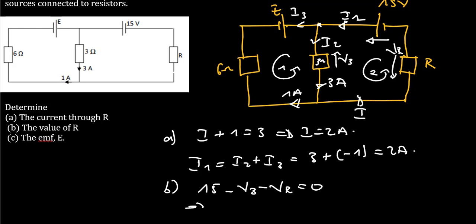But we know that the voltage drop across the 3 ohm resistor is equivalent to the current flowing through the resistor times the resistance. So it's going to be 15 minus 3 ohms times 3 amperes minus VR. Now the current going through the R ohm resistor is simply this current I, which has a magnitude of 2 amperes. So it's going to be 2 times the resistance R equal to 0.